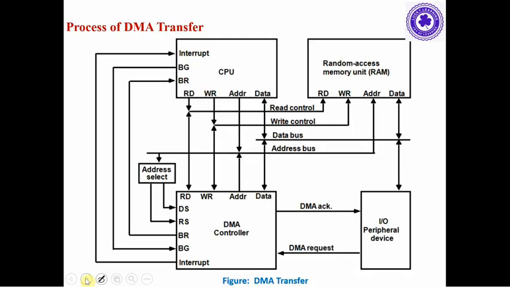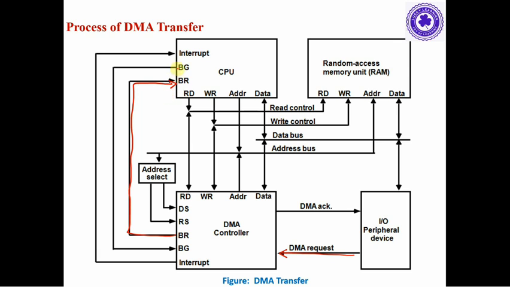Now this is the process of DMA transfer. Whenever an IO device makes a request to the DMA by sending a DMA request control signal, what will the DMA controller do? It will request the buses from the CPU by sending a bus request signal.